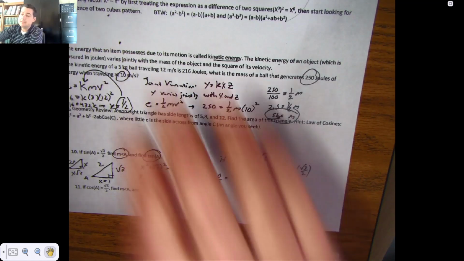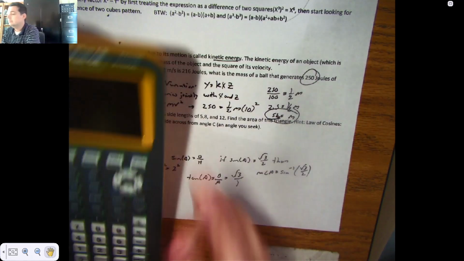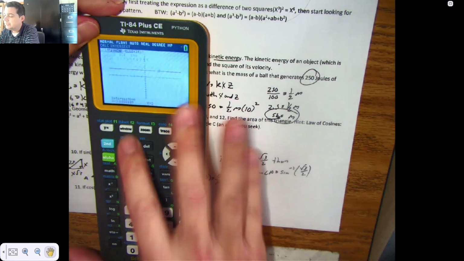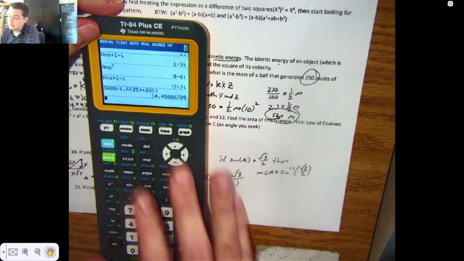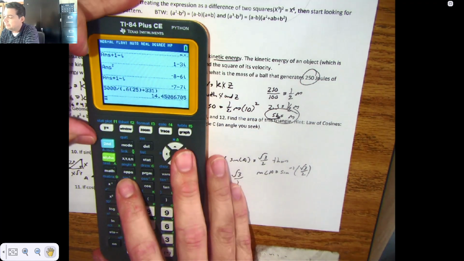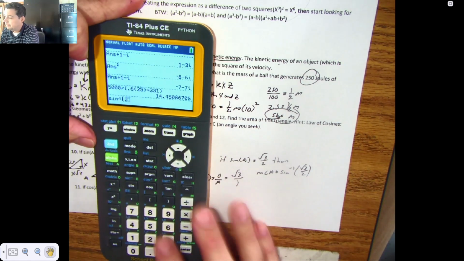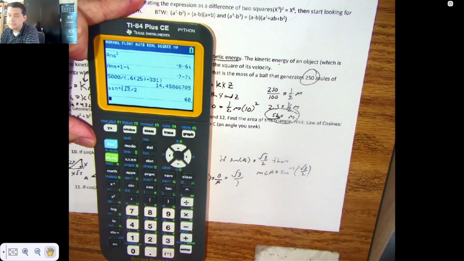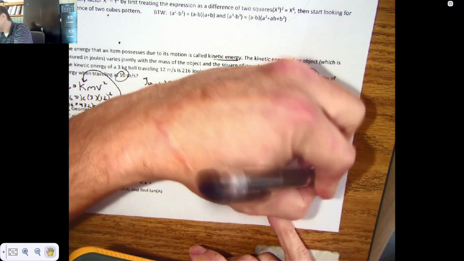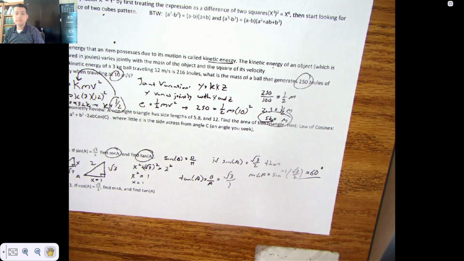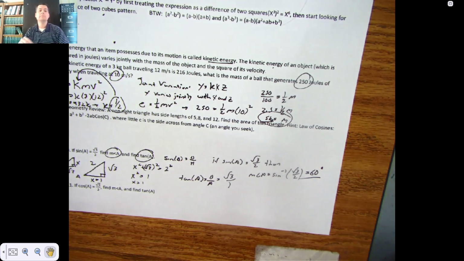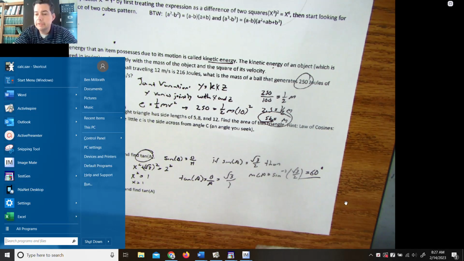And it's going to be 60 degrees. All right. So I'm going to make sure my calculator's in degree mode. And I'm just going to type arcsine √3 over 2, and it's 60 degrees. All right, so I did both parts. So now you can do 11. There you go, boys and girls.